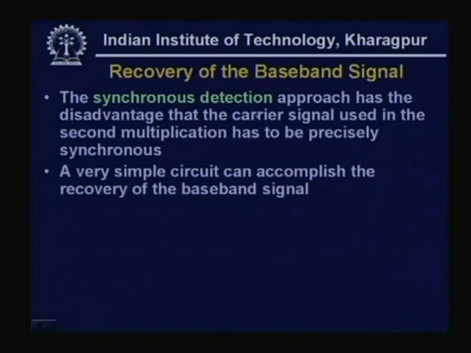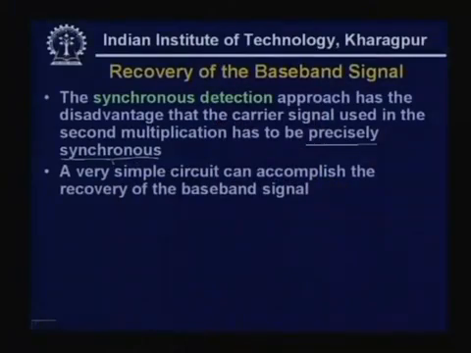The synchronous detection approach is straightforward, but it has the disadvantage that whenever you do the multiplication, the carrier signal which you are using for multiplying the second time has to be precisely synchronous. That means there should not be any phase difference. If there is any phase difference, then after multiplication the signal that you get will not be the baseband signal.